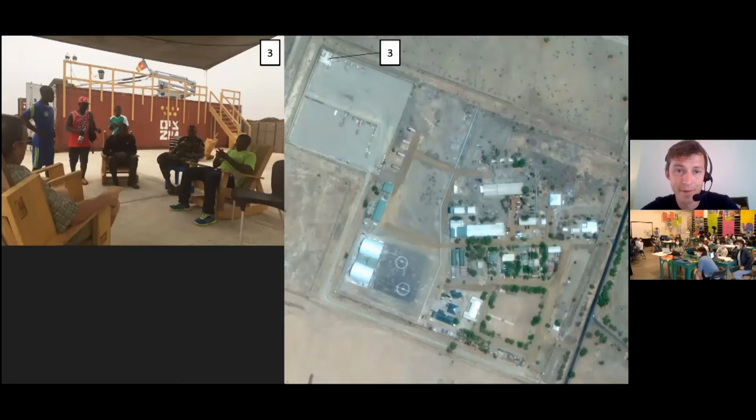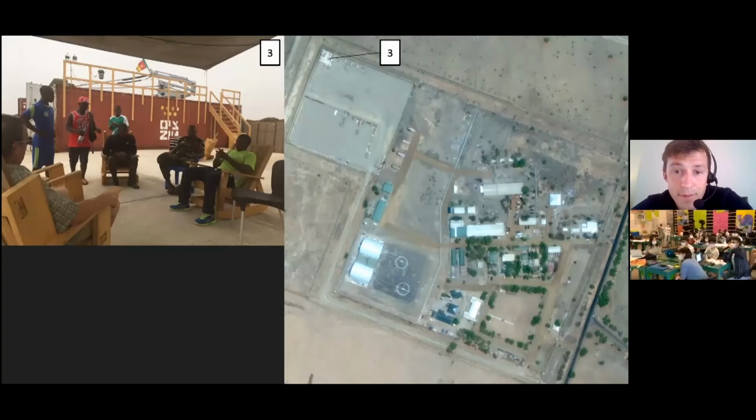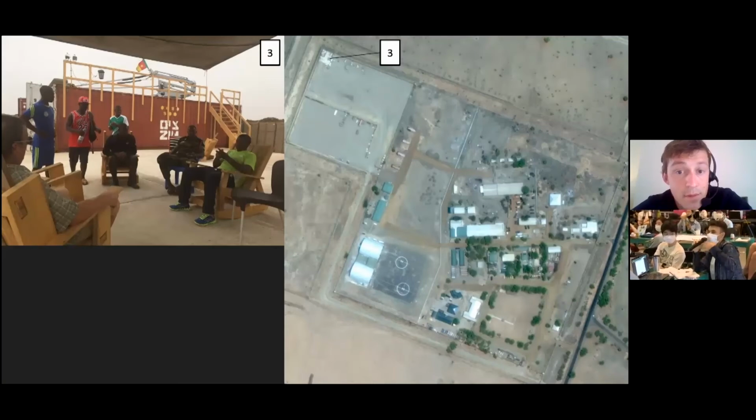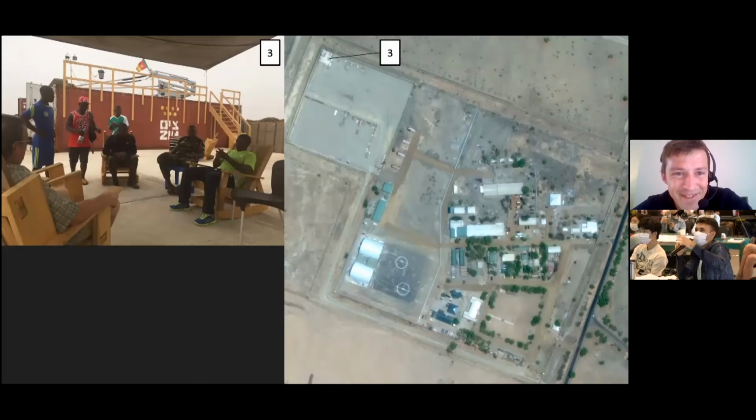Sorry. Actually, these photos were very wisely chosen, and they have hidden details. It was difficult for us to find out where these are located, because these kind of red containers are in the base itself.